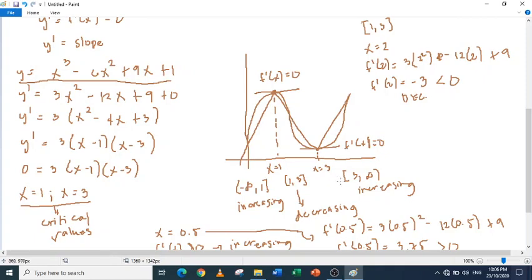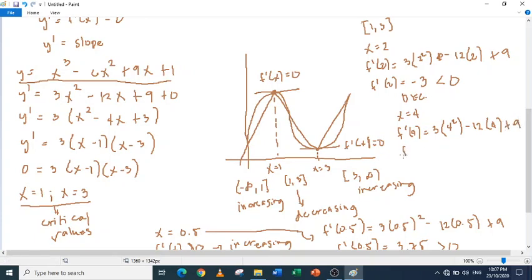And then lastly, at the interval 3 to positive infinity, so guys, wag nyo nang gamitin yung critical values kasi kapag 3 ang ginamit nyo, automatic 0 yung sagot ninyo. Okay? So, at the interval, so mag-isip tayo ng value greater than 3. So, say 4. So, at x equals 4. So, f prime of 4 equal to 3 times 4 square minus 12 times 4 plus 9.